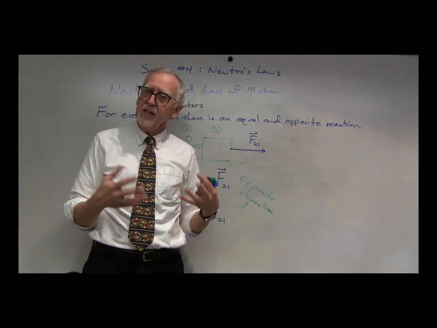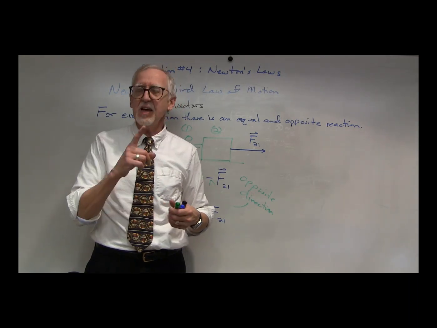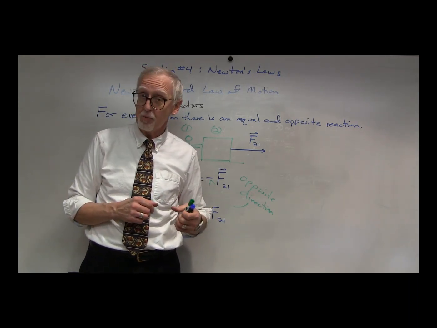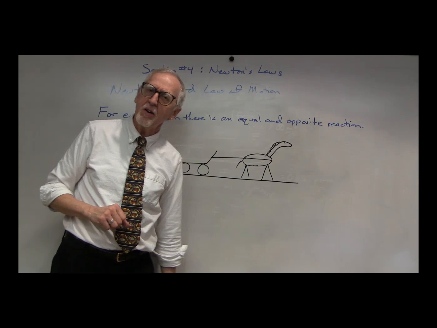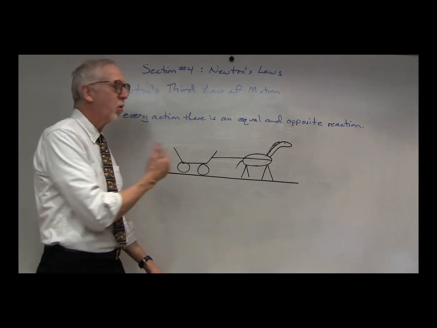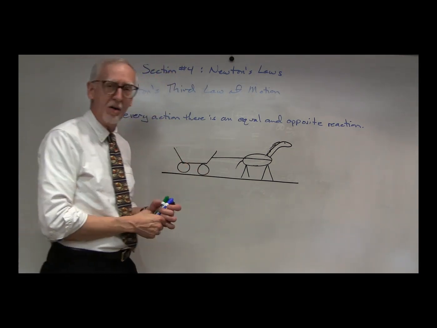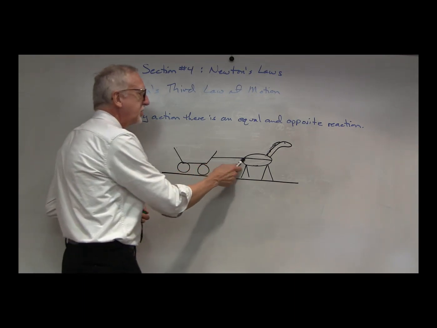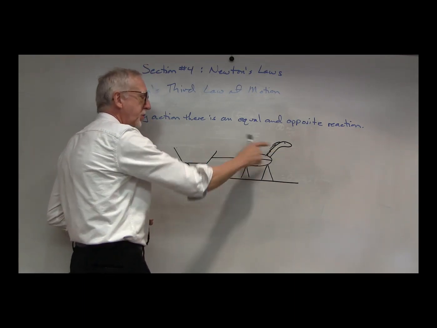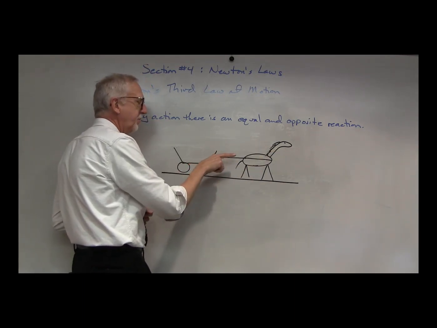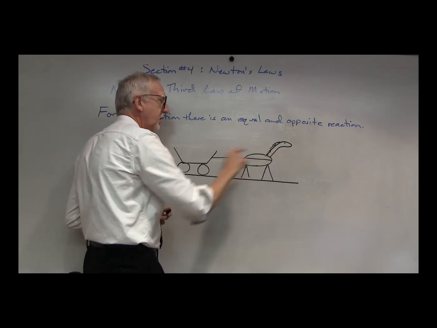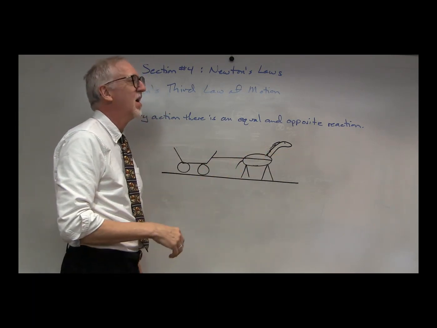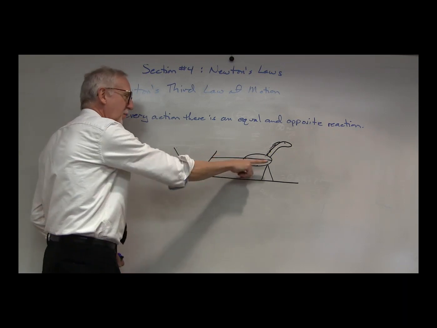Now, this can lead to some confusion. Let's take a look at a somewhat confusing problem. Here we have an artist's rendering of a horse pulling a cart, obviously. What's going on? The horse is pulling the cart, in other words, exerting a force in that direction, pulling the cart that way.